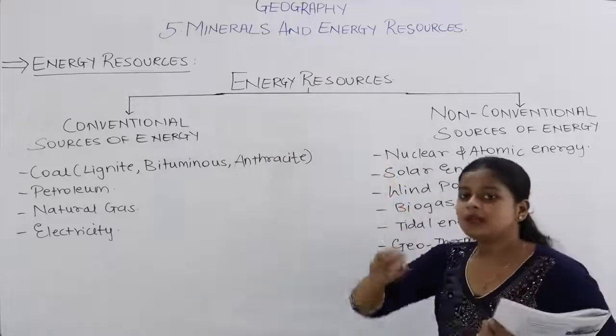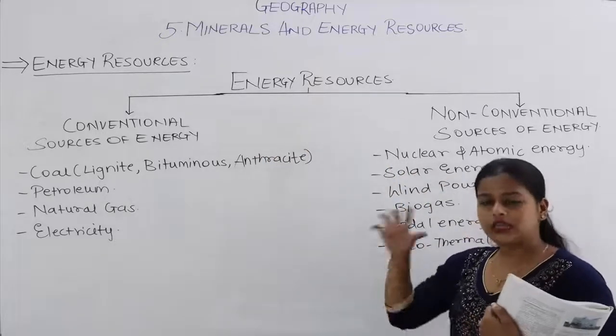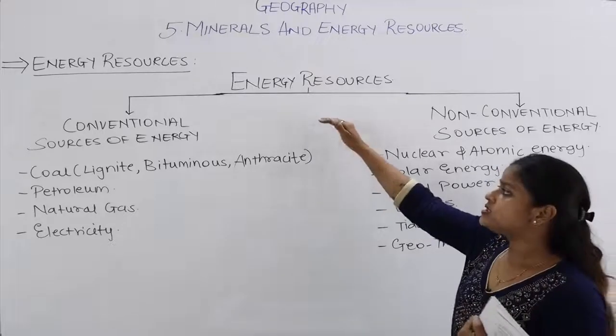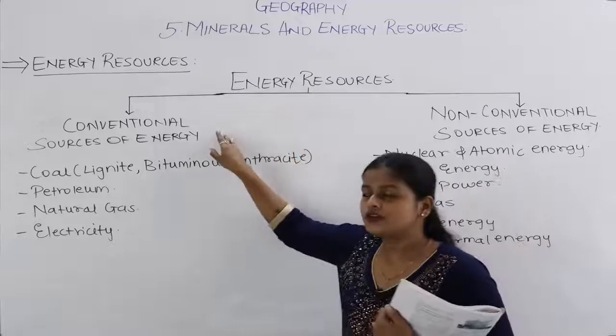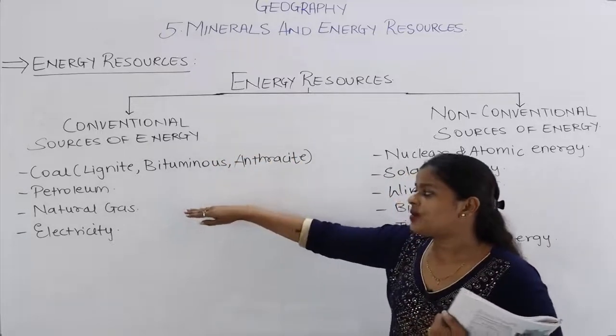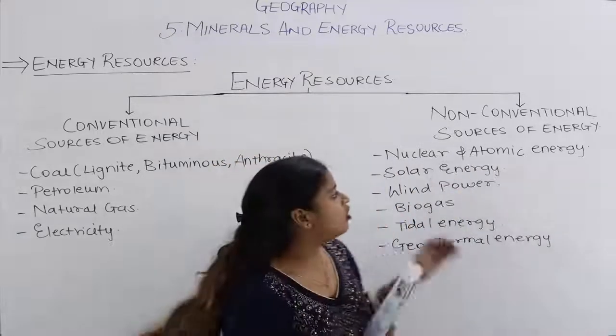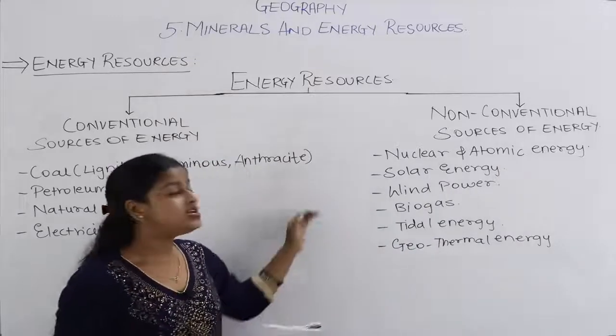Energy resources, let me give you another short recap. Energy resources are divided into conventional and non-conventional. In conventional sources of energy, we have coal, petroleum, natural gas, and electricity, and in non-conventional, we have these energies.